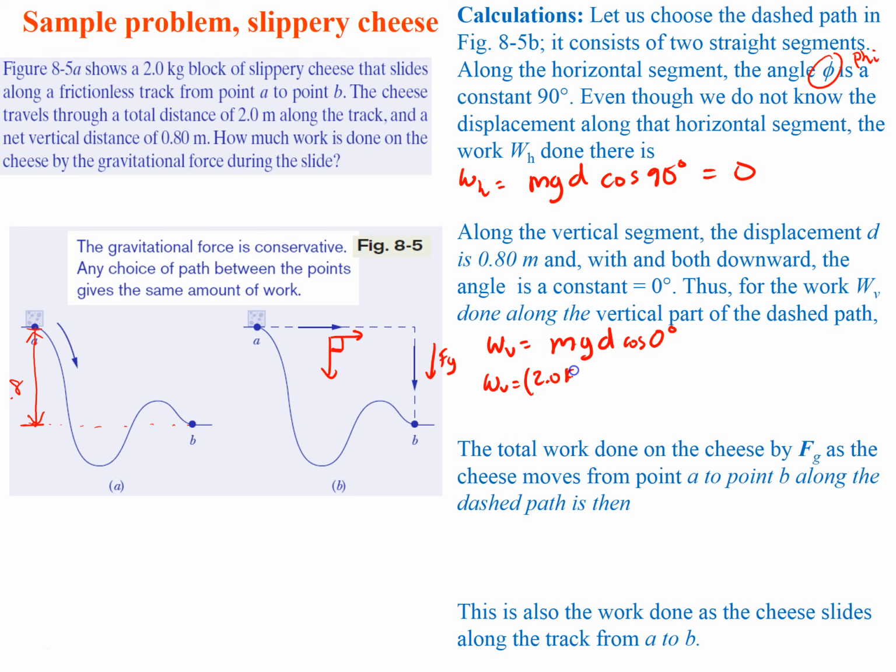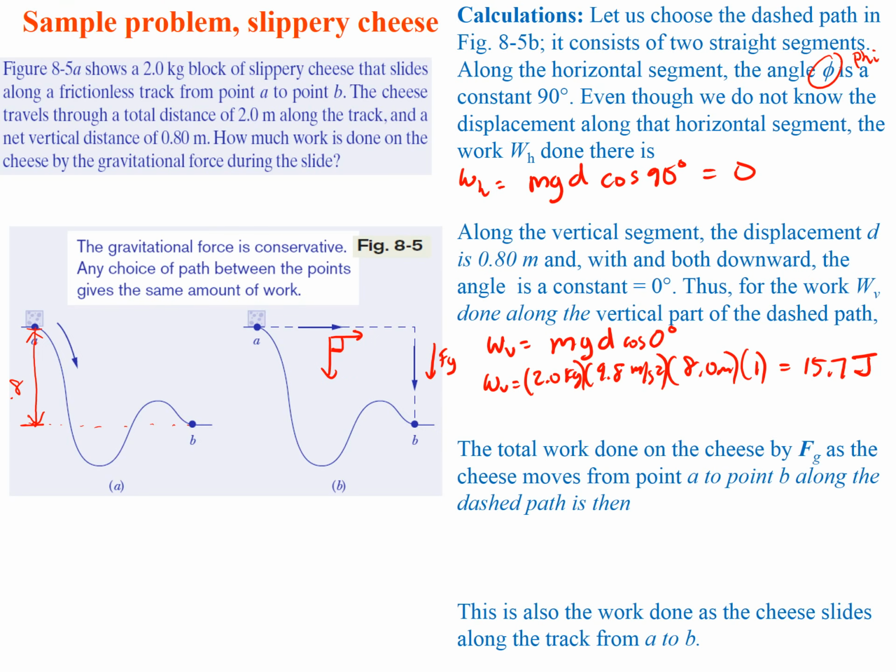So you have 2.0 kilograms times 9.8 meters per second squared times our distance, 0.8 meters, times 1, which is our cosine of 0. And that gets you about 15.7 joules of work.